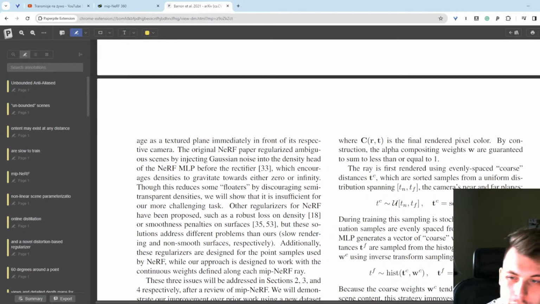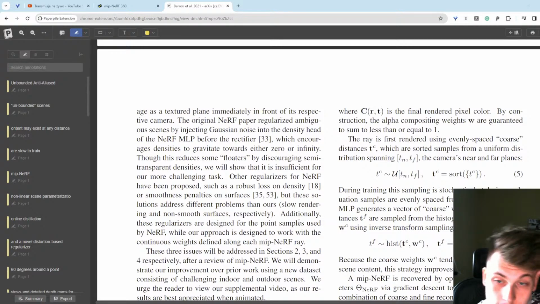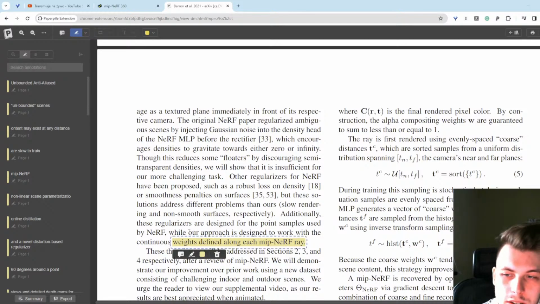Other regularizers for NeRF have been proposed, such as robust loss on density or smoothness penalties on surfaces, so that's more on the SDF side. But these solutions address different problems than ours, slow rendering and non-smooth surfaces respectively. Additionally, these regularizers are designed for the point samples used by NeRF, while our approach is designed to work with the continuous weights defined along each Mip-NeRF ray. So the point is, again, we want to work on these Gaussians instead of just these points.